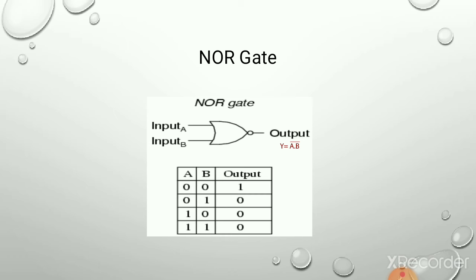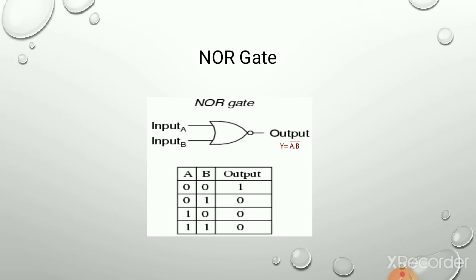Thus, a NOR gate is equivalent to an OR gate followed by an inverter. The symbol of a two input NOR gate is as shown in this figure, where a bubble on the output side represents inversion.